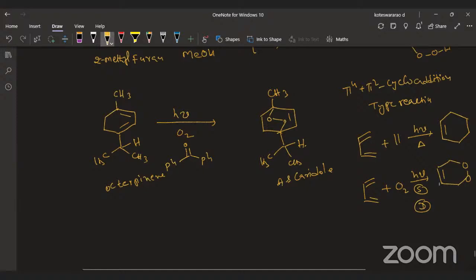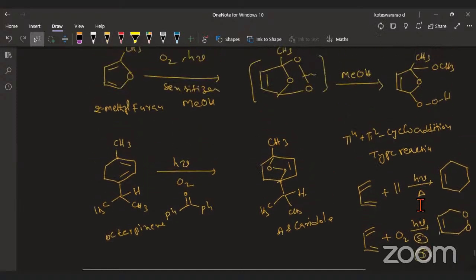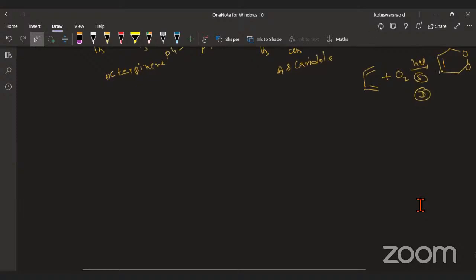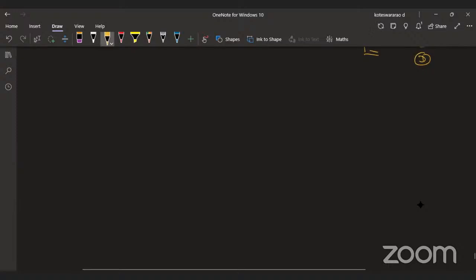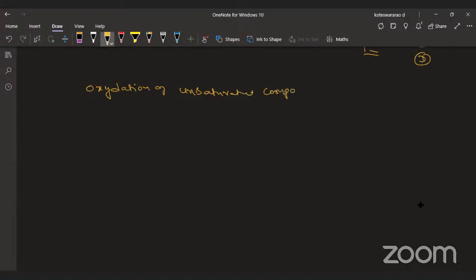Okay. This is about the formation of dioxanes from the unsaturated substrates. Next, oxidation of olefins or unsaturated systems with superoxides.